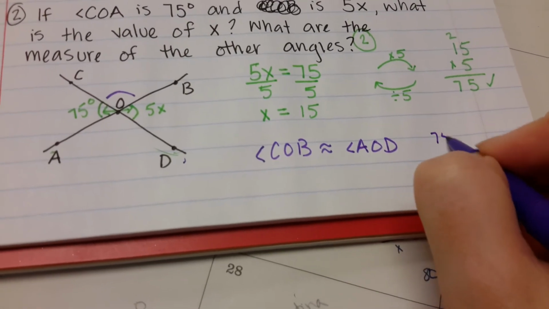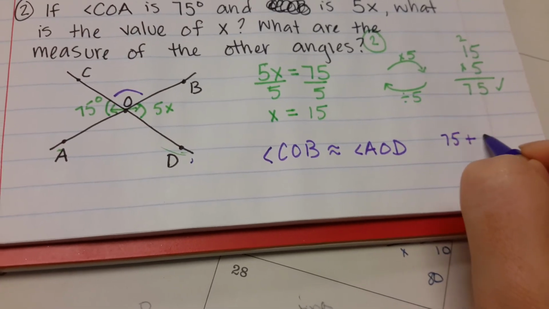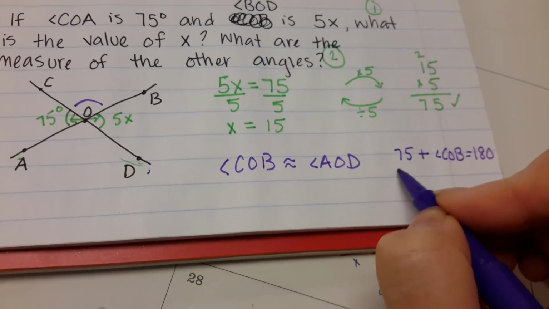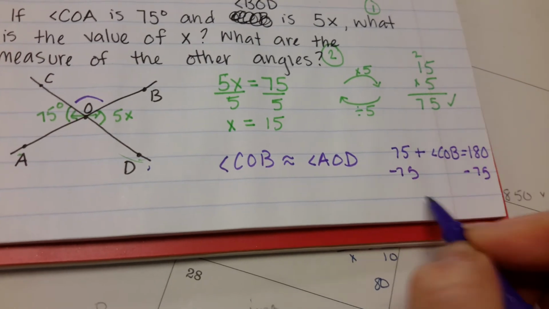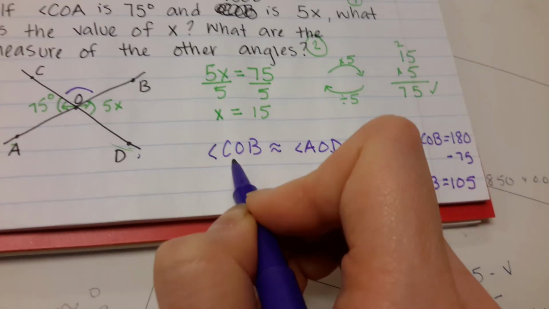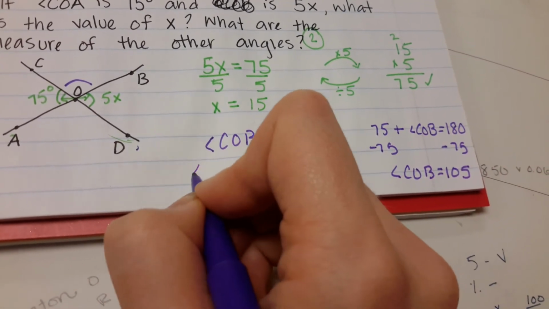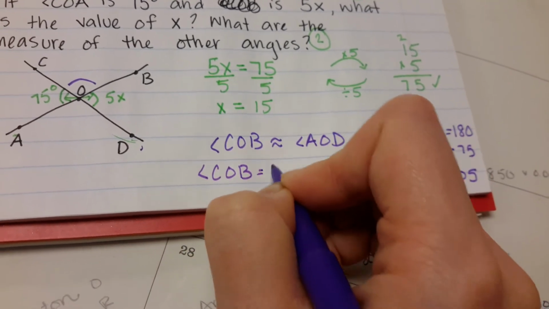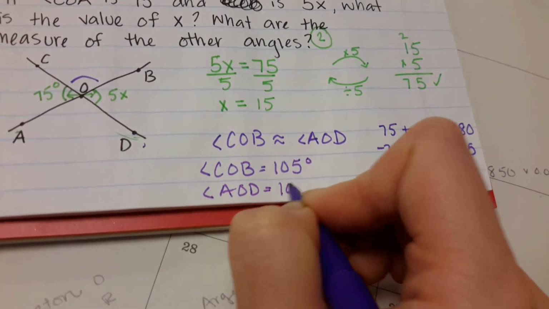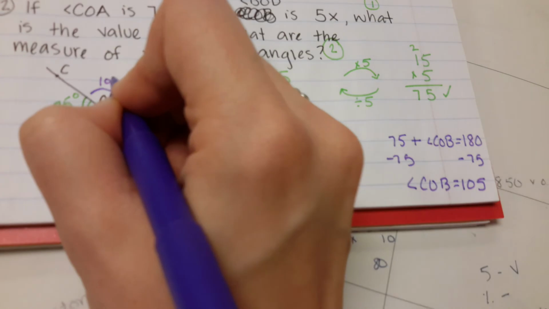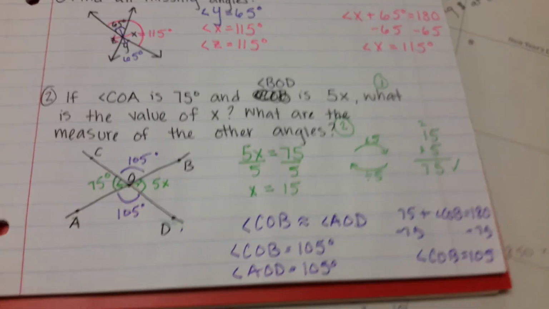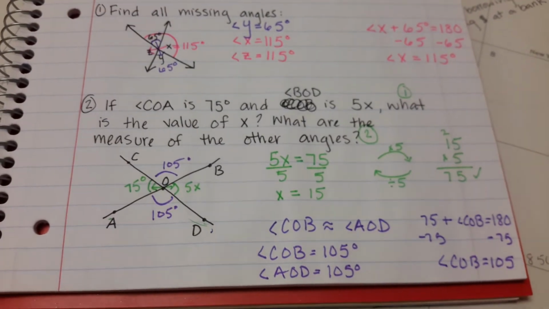We know that 75 plus the missing angle, COB, is going to equal 180. We're going to subtract 75. So we know that angle COB is 105. And again, since our angles are congruent, we can say that both angle COB is equal to 105 degrees and angle AOD is equal to 105 degrees. We can put that in our picture. And that is the end of our second example.